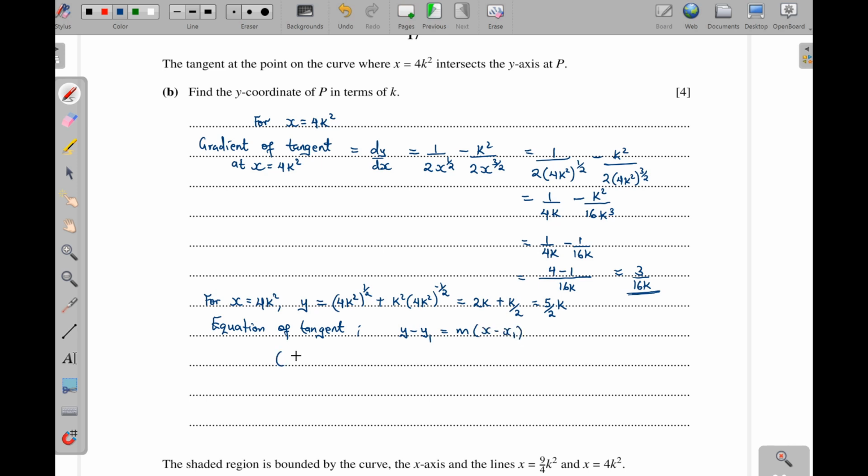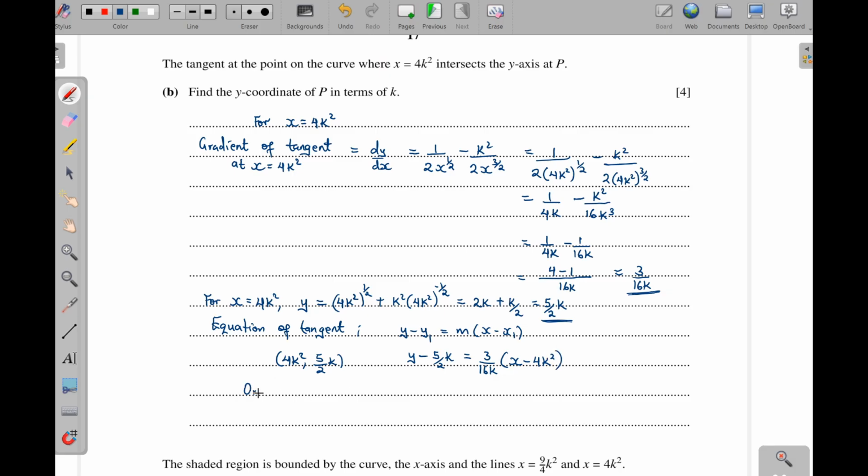This one is passing through the point 4k squared and then 5 over 2 of k. So you have y minus the y1 is this one we have gotten, okay? This one here. So we have 5 over 2 of k, which is equal to the gradient. We got it here, 3 over 16k here, and then into x minus what? The x1 is 4k squared, 4k squared.